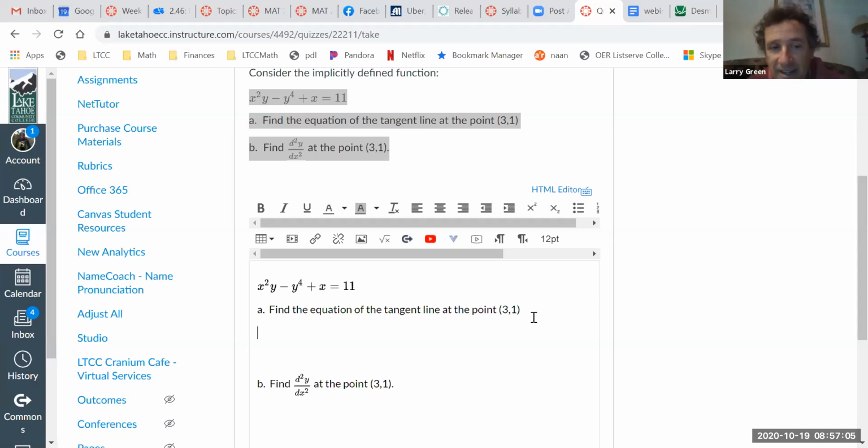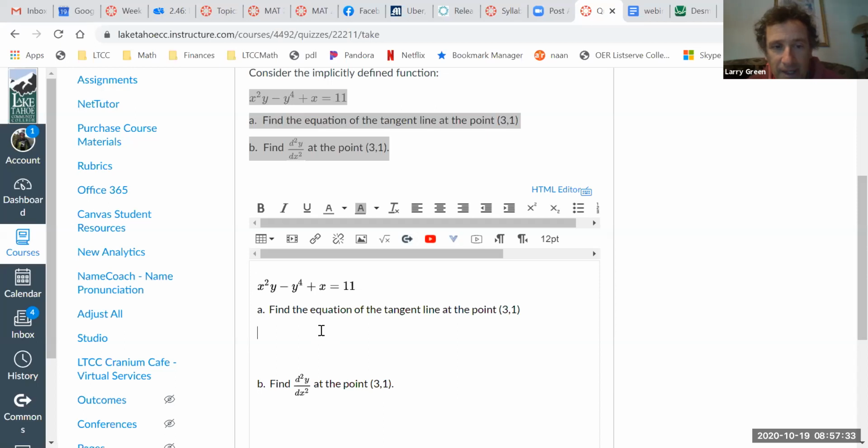And in particular, this particular equation is an implicitly defined equation or function. And when you have an implicitly defined function, we need to use implicit differentiation. You can try to solve for y, good luck, not going to happen. But what we can do is we can implicitly take the derivative.